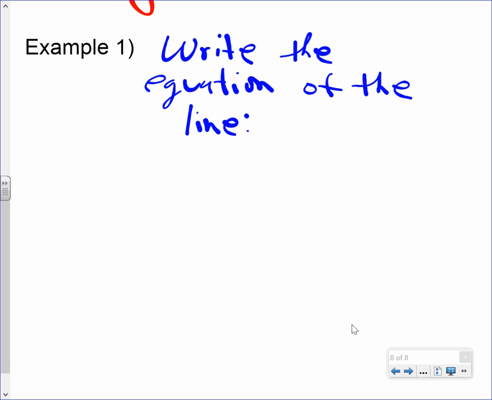Now, I'm not going to do what I did on warm-up. I threw a graph at you on warm-up, and Rocha was able to do that on the board. Look what I'm going to throw at you. I'm going to throw a slope. And I'm going to throw a point that it passes through.